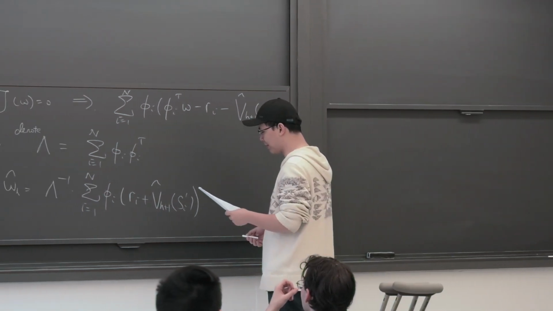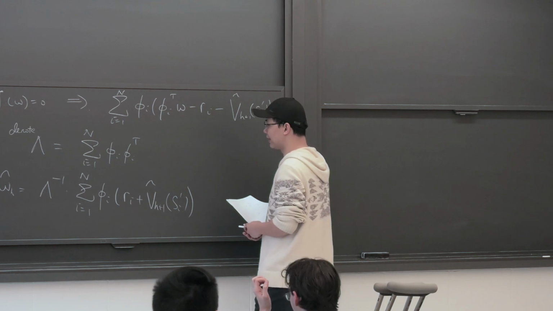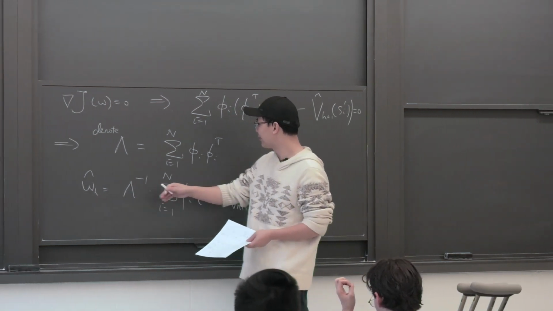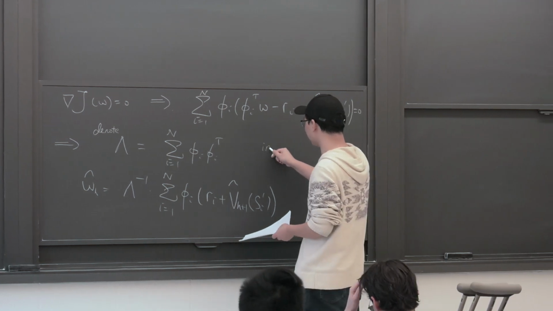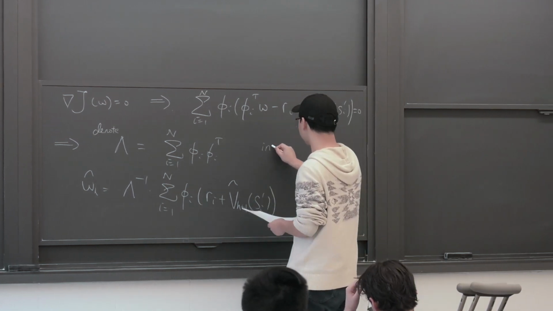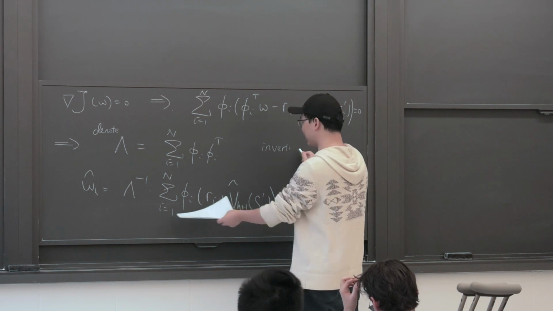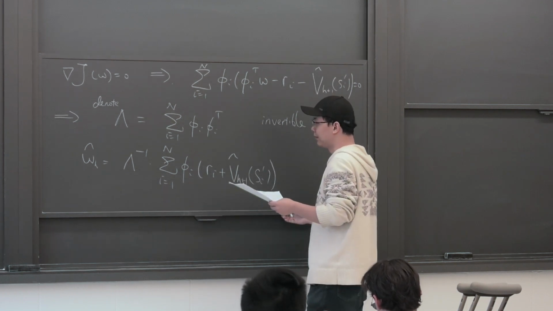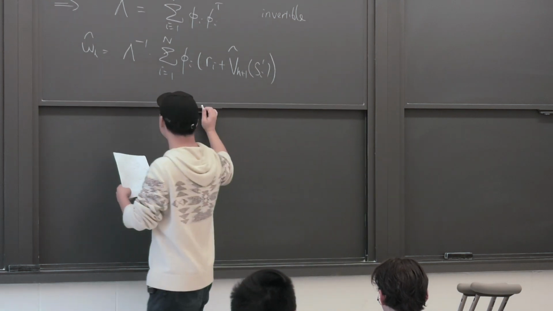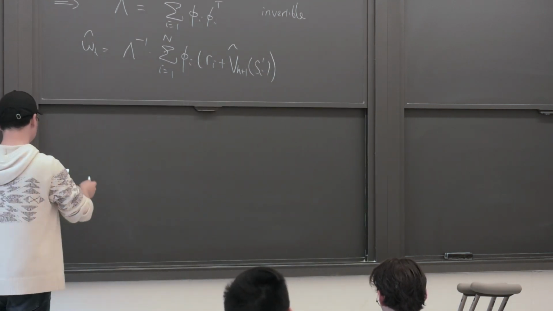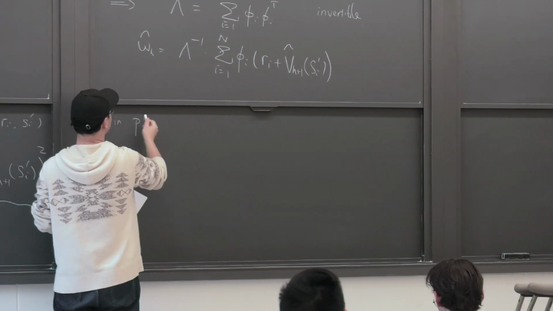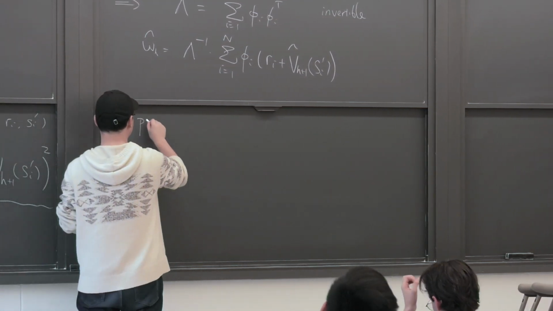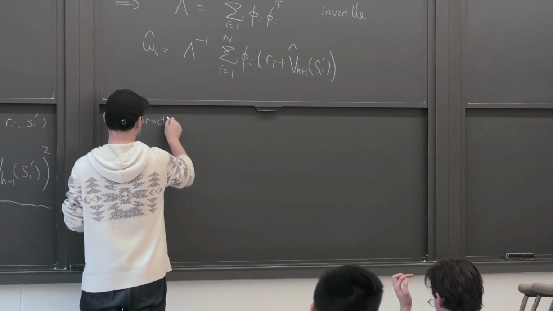I just want to also comment a little bit that when we want to do this Lambda inverse, we assume this matrix is already invertible, because otherwise you cannot do this inverse. We mentioned a little bit that in practice, if this matrix is not invertible, we can basically add a little bit of regularization.